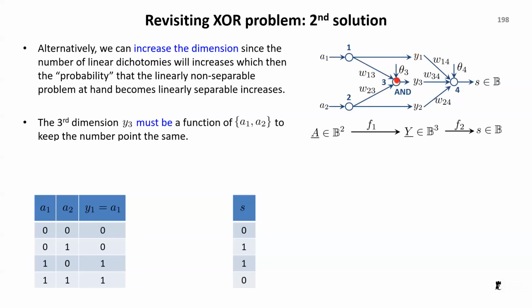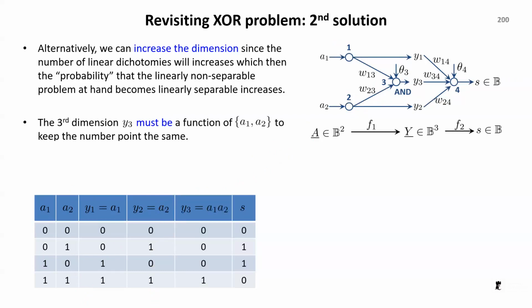I calculate y1. Y1 is basically a1, no change. Y2, no change. Now I just introduce my third dimension. My third dimension basically operates on this: A1, A2.